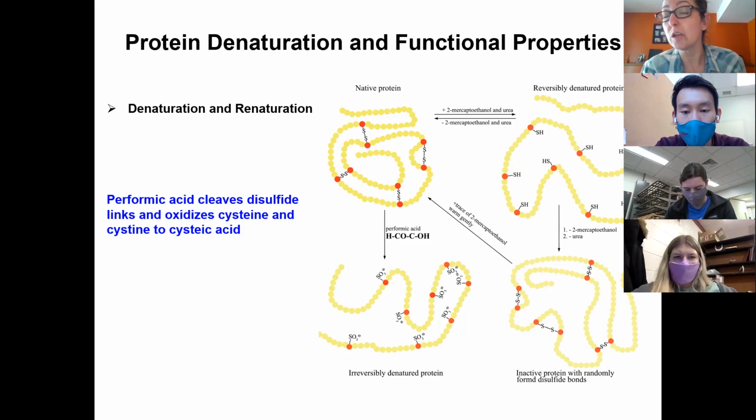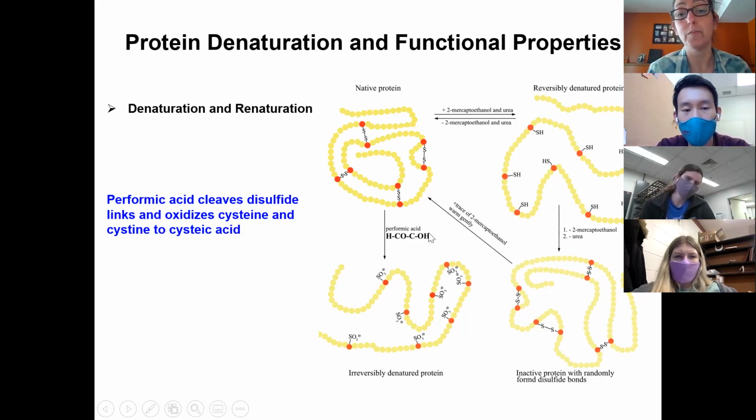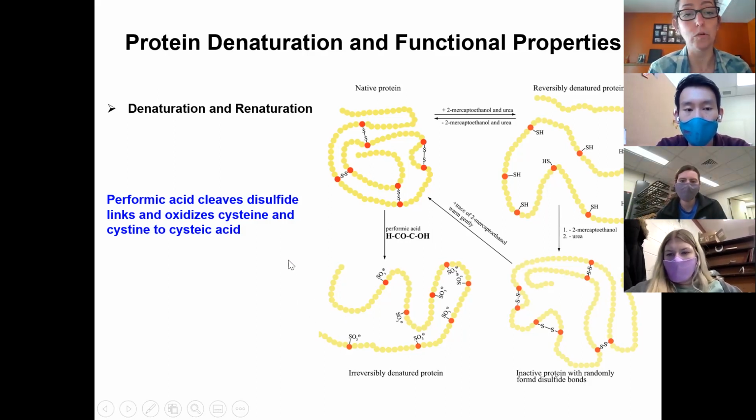It might induce what we call disulfide interchange, where we get new disulfide linkages that were not originally there. You can make the denaturation completely irreversible and avoid reformation of disulfide linkages by adding performic acid. That will react with the sulfhydryl groups, and then they're no longer going to form disulfide linkages. So this is irreversible. You cannot go back anymore.